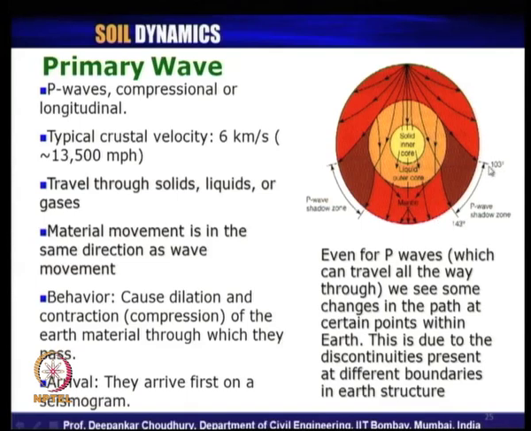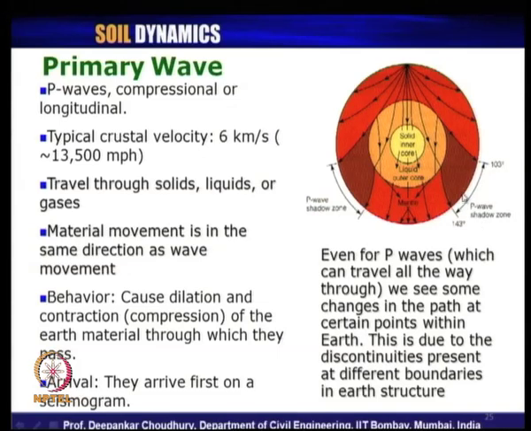But we have seen there is a particular zone, and that zone's dimension is 103 degrees to 143 degrees approximately, that is called the P wave shadow zone. What is the meaning? We have seen that because of the boundary reflection and refraction of this P wave from the mantle to the core, outer core, some portion of the P wave cannot arrive in a particular region, and that region is within this angle, called the P wave shadow zone.